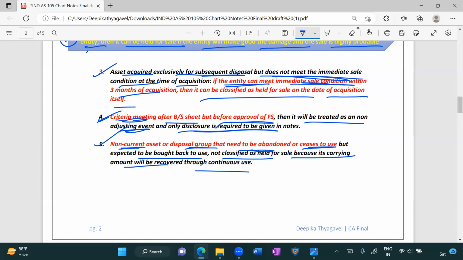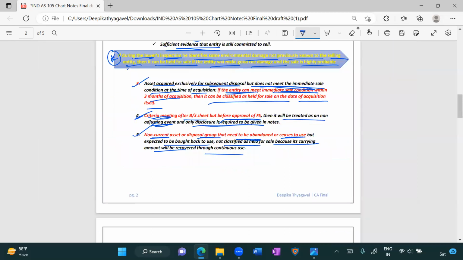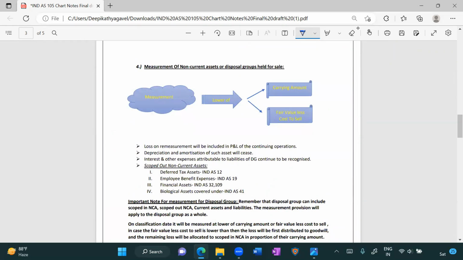Now the use has been ceased, but in the later future you're going to be using it and recovering its carrying amount. So you will not classify such an asset under IND AS 105. The standard very clearly says, in case there's a non-current asset whose use has currently ceased or been abandoned, but it is expected to be used in future, then it will not be classified under IND AS 105, right?